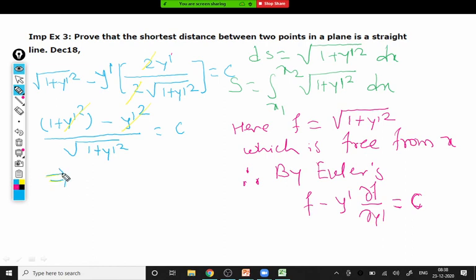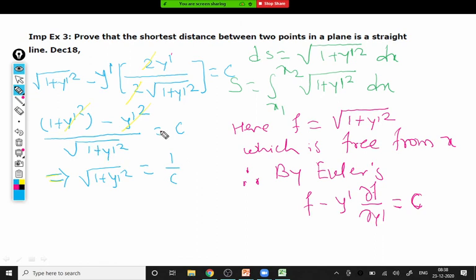Can anyone tell me what should be done to get the y dash value? First cross multiplication, correct. Root of 1 plus y dash square will be 1 by c, because we are interested in getting y dash.